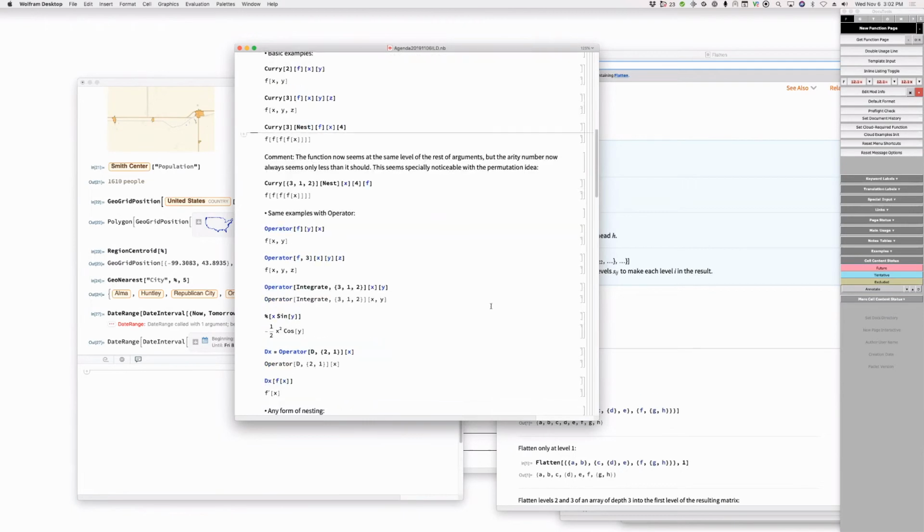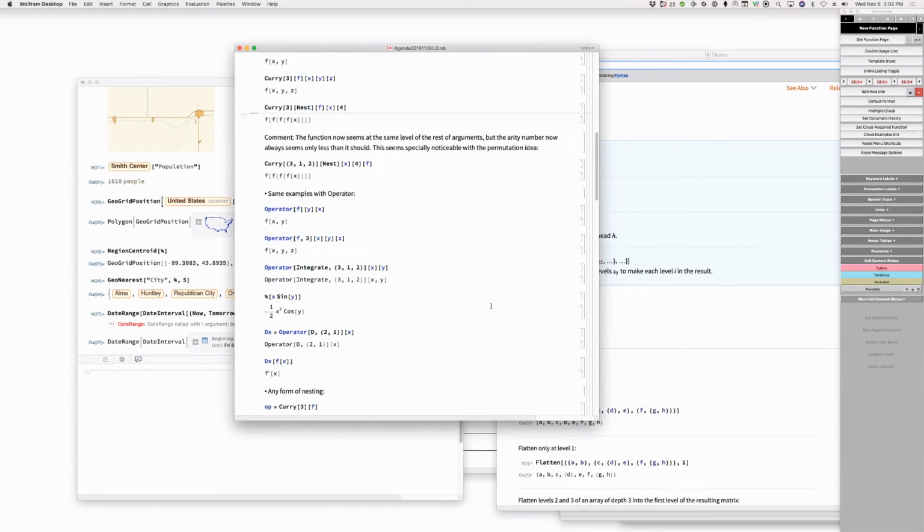Okay, so hold on. So this is now operator. Yep. This works because the default of operator is currying the second argument, as we were doing before with curry.